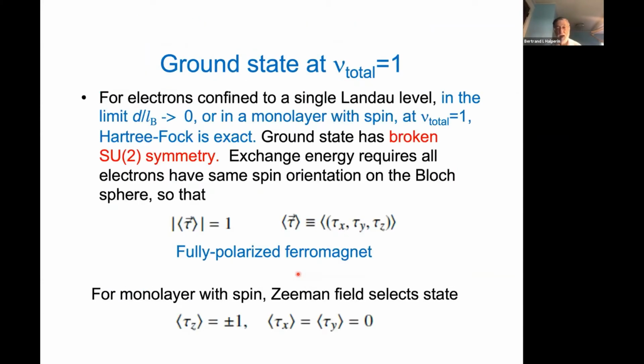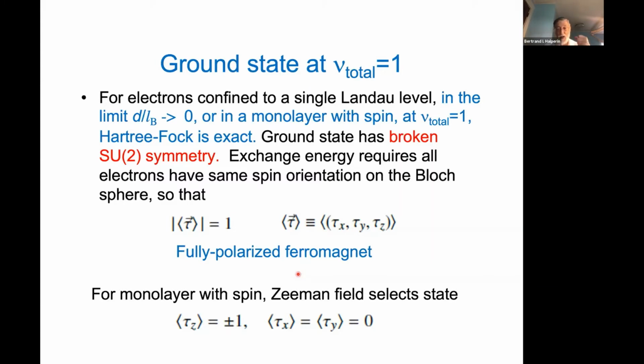Okay, so now that's very general. Let me specialize to the case of nu total equals 1. So electrons confined to a single Landau level, in this limit, in a bilayer in the limit of d over L going to 0, or in a monolayer with spin at nu total equals 1, then this is the situation where we said the Hamiltonian has an exact SU(2) symmetry, and it turns out that if you can neglect Landau level mixing, Hartree-Fock is exact in this state.